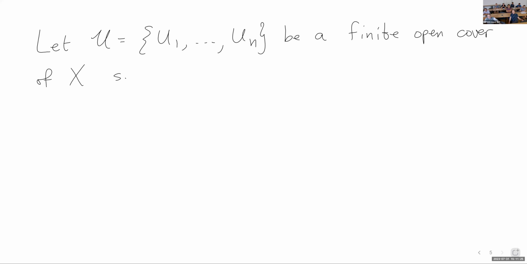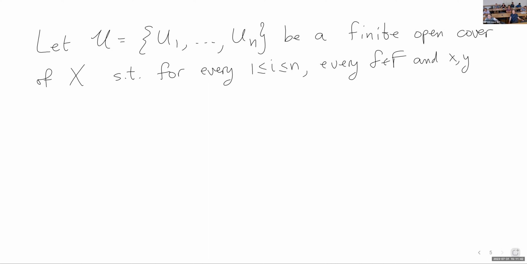So such that for every i, every F in the finite set and x, y in Ui, we have |F(x) - F(y)| < epsilon.